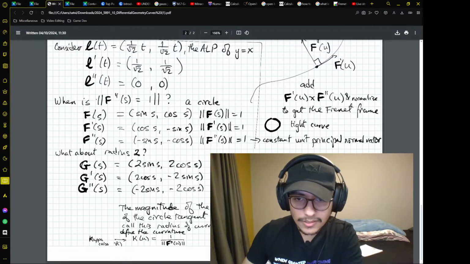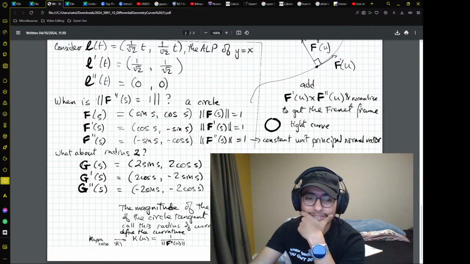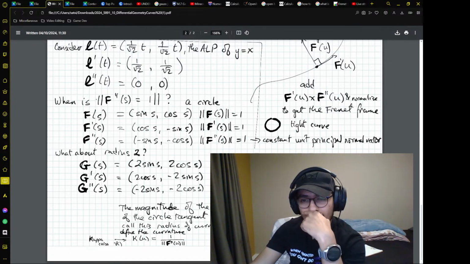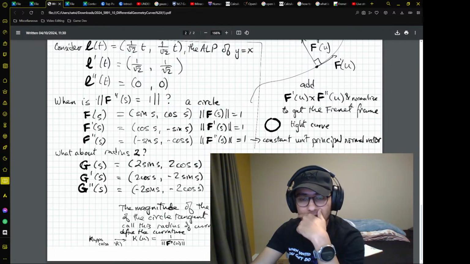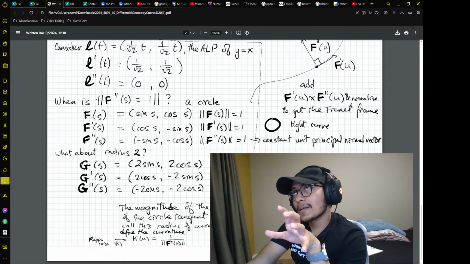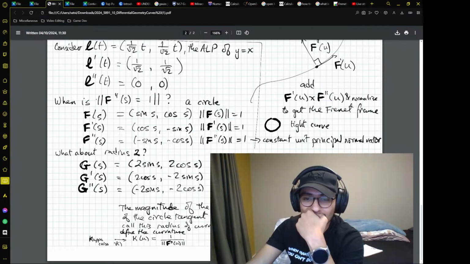See, I guess this was about the banking of roads. If it's a very tight curve, when you're trying to turn, you want a loose curve, not a tight curve.